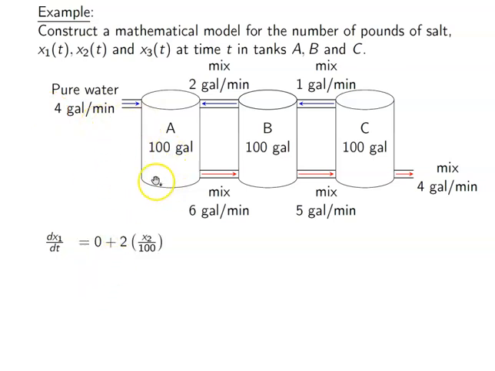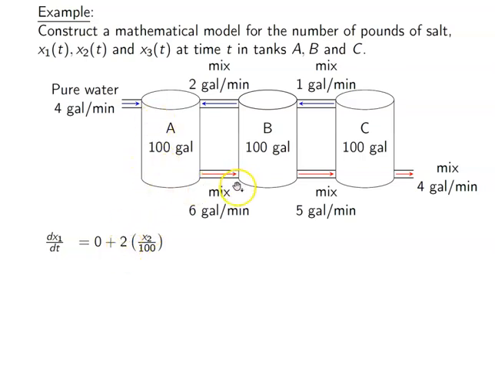Also coming in at 2 gallons is some mixture amount. I don't know that amount; that amount is x2, coming from B. So whatever the mixture amount at time t, which is x2, is coming in at a rate of 2 gallons, per 100.